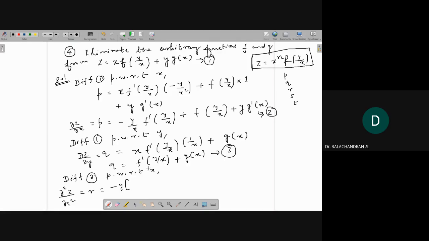So you are differentiating with respect to x. Again UV rule. Keep 1 by x as it is. If you differentiate f dash of y by x with respect to x, you will get f double dash of y by x, and differentiating y by x again, you will get minus y by x square.